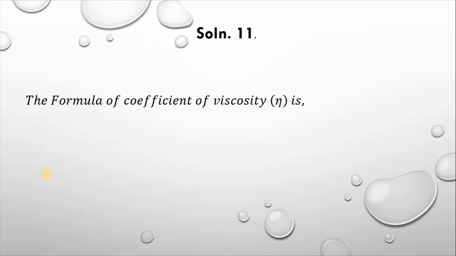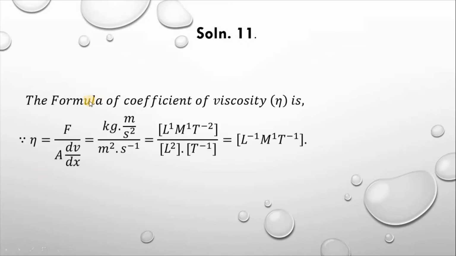Now the formula for coefficient of viscosity can be written as eta equals F upon A into dV by dx. So force will be kilogram meter per second square, area will be meter square, and this is velocity upon displacement.